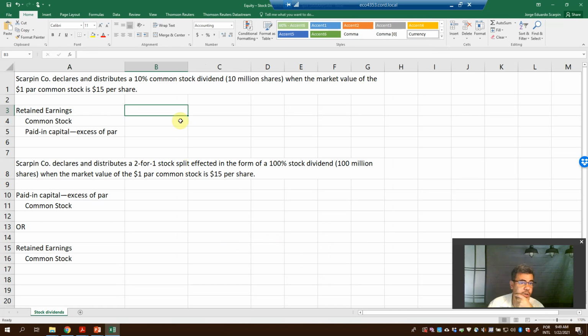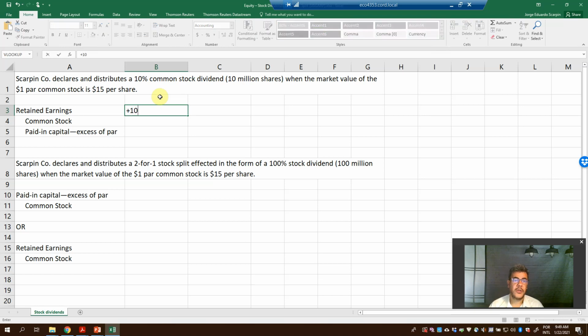Okay? So here we have 100 million shares. And first we declare and distribute 10% common stock dividends. So 10 million shares. When the market value of the $1 par value per share is $15 per share. So we debit retained earnings just like any other dividends.